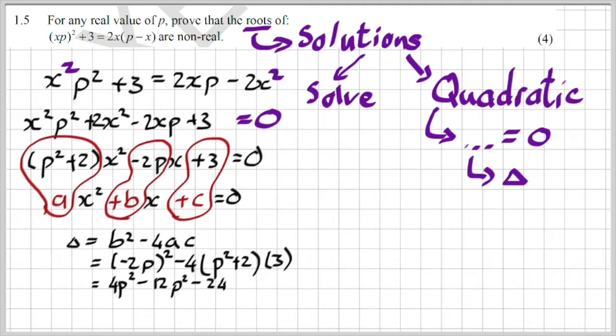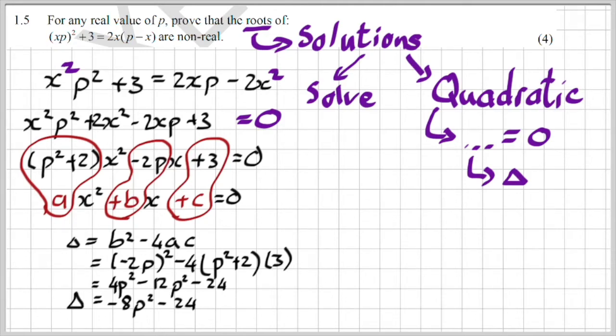Multiplying it out, I'm just trying to get an expression going here, which means that delta is negative 8p squared minus 24. I haven't even looked at the question. I'm being honest with you. Now I need to know, where am I going with this? Remember, this is still delta equal.